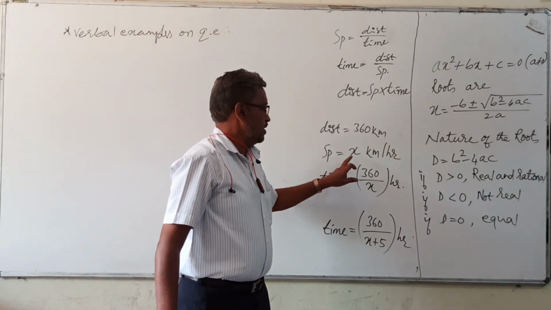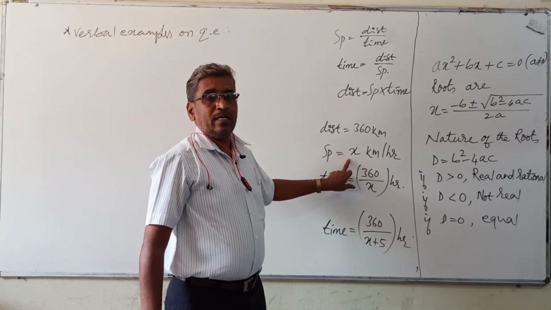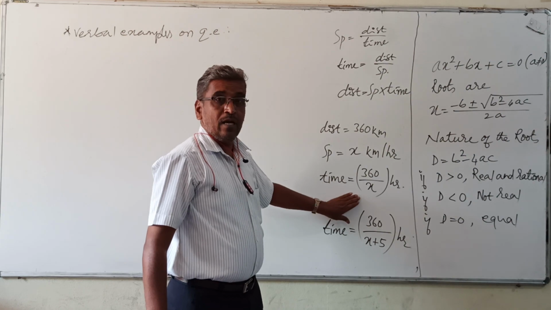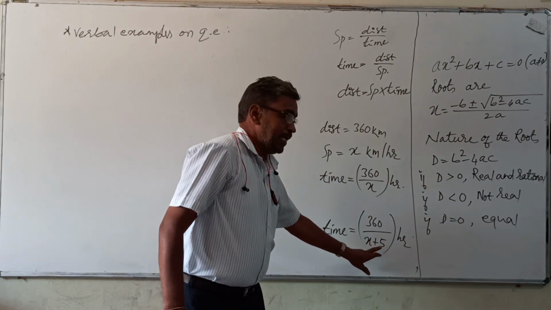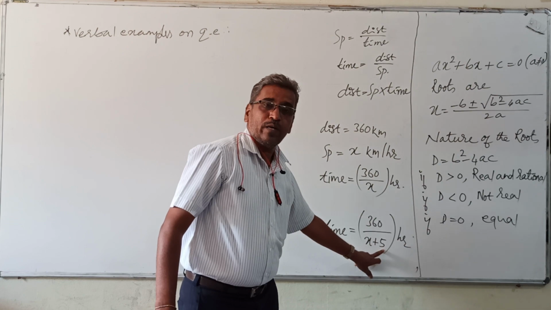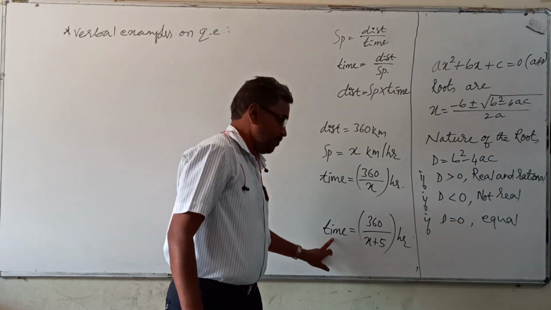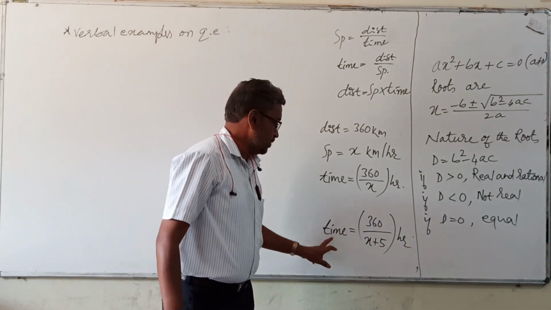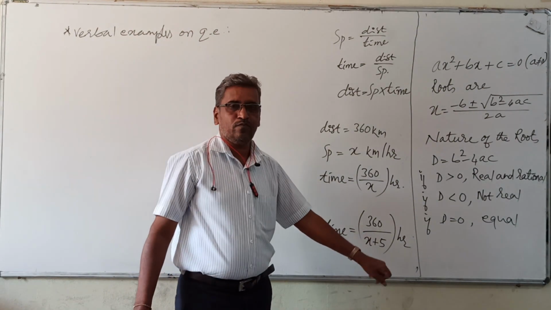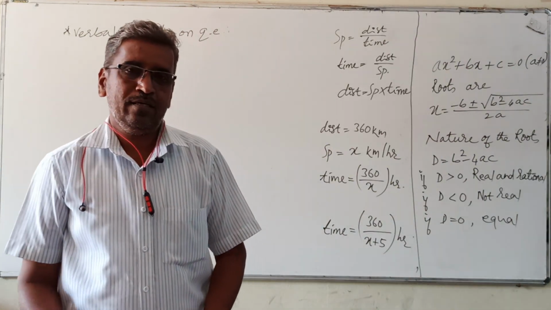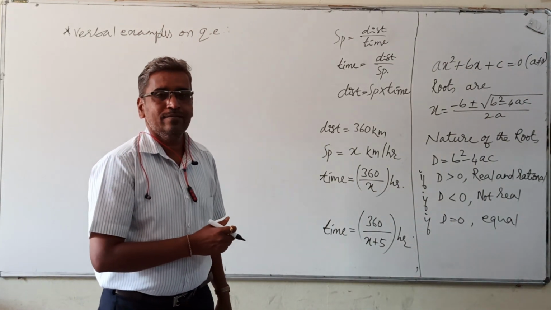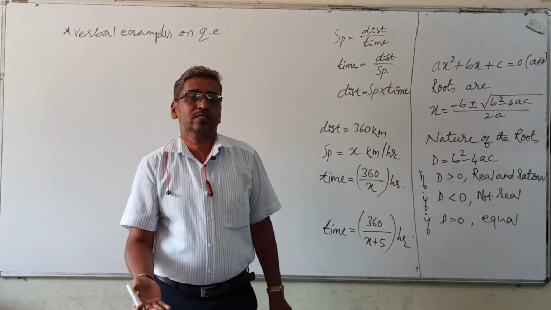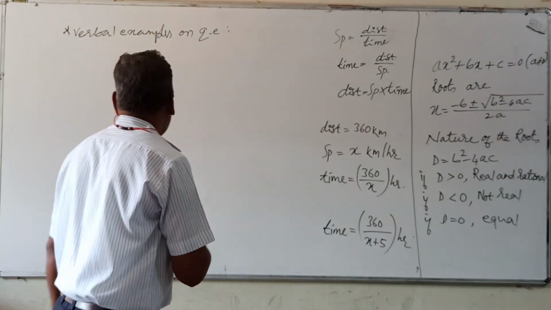First condition: the speed of the train is x km per hour, then time is equal to distance upon speed. If it had 5 km per hour more, the time taken is 1 hour less. At that time the time taken is 360 by x plus 5. So the condition is 1 hour less when the speed is 5 km per hour more. That we will relate.